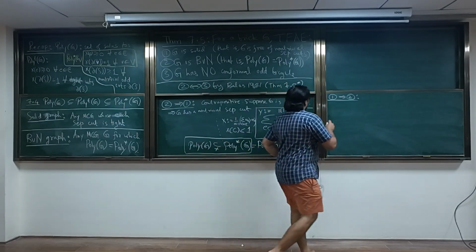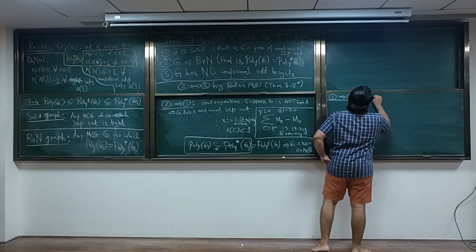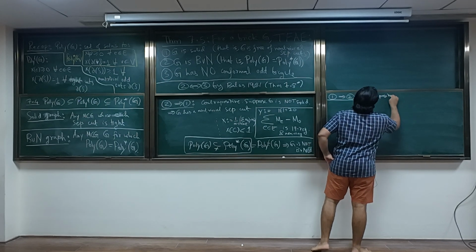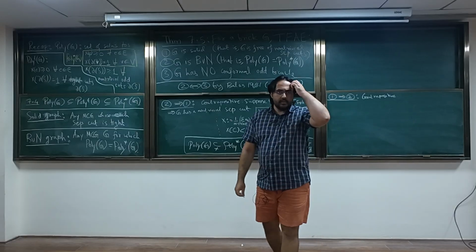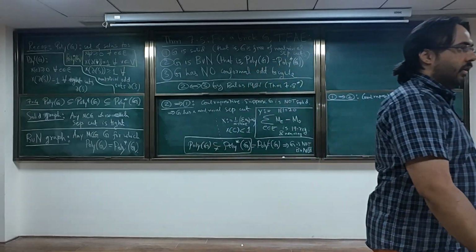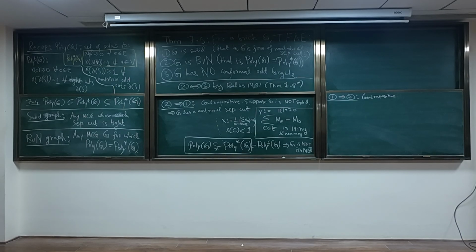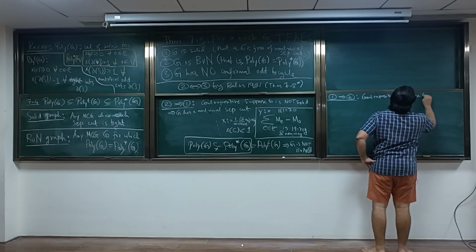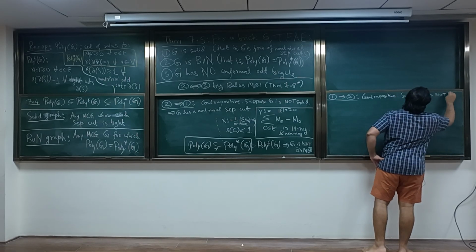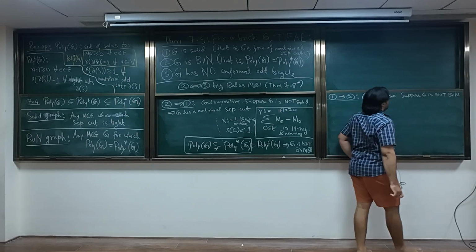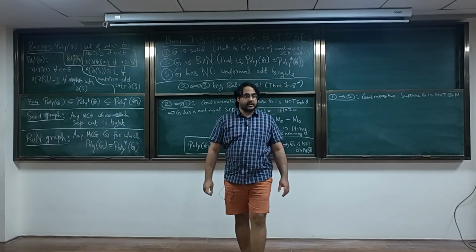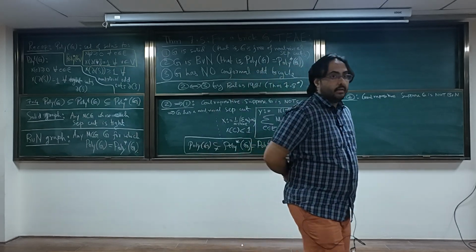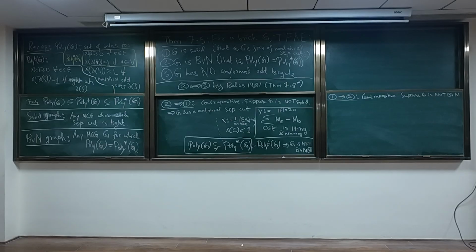Once again, let's consider the contrapositive. Supposing the brick under consideration is not Birkhoff–von Neumann, then we want to show that it is not solid. So that means that we have to show the existence of a non-trivial separating cut in G, because that's what it means to be not solid for a brick.